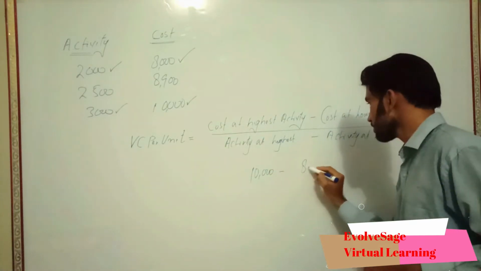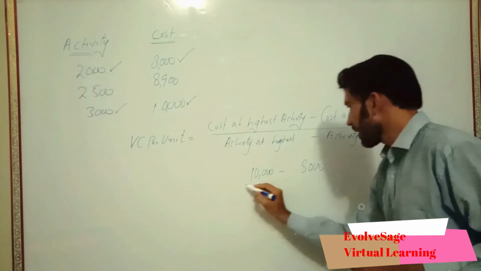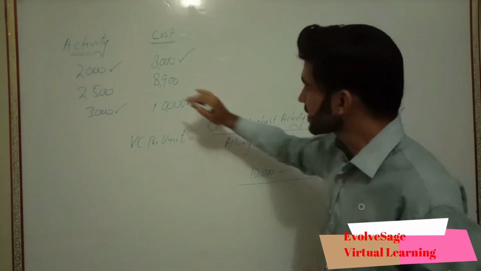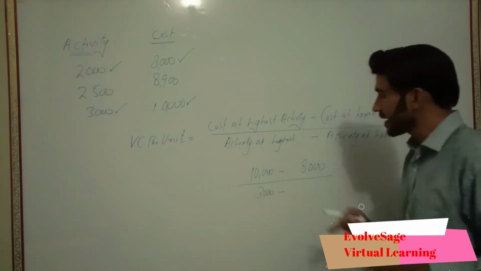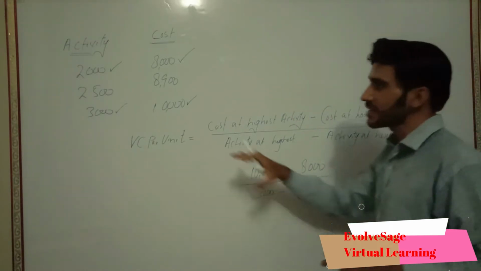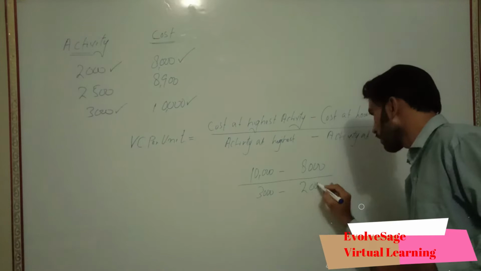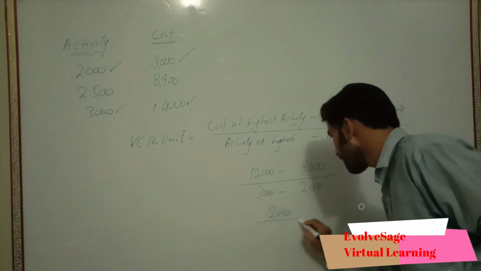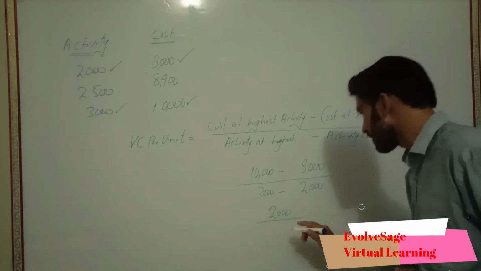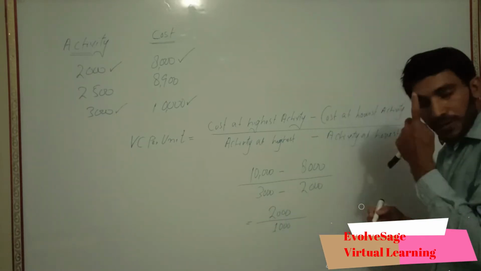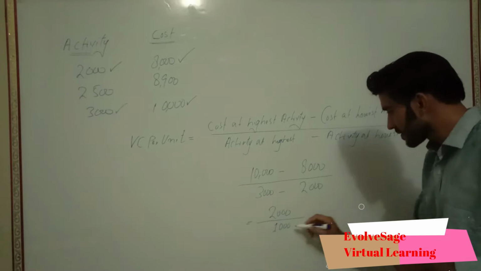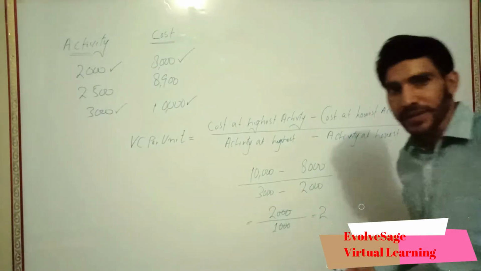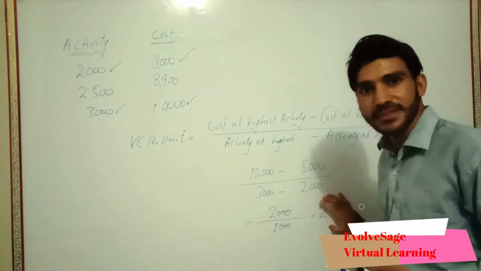We divide it by activity at highest, 3000, minus activity at lowest, 2000. The difference between 10 and 8 is 2, and the difference between 3 and 2 is 1. So our cost per unit is 2.